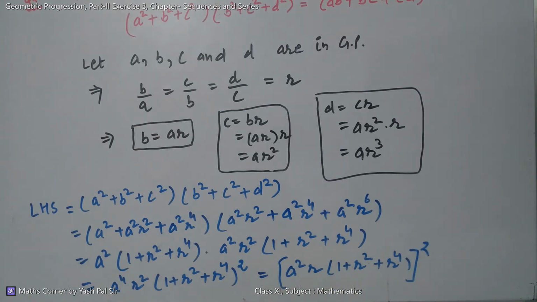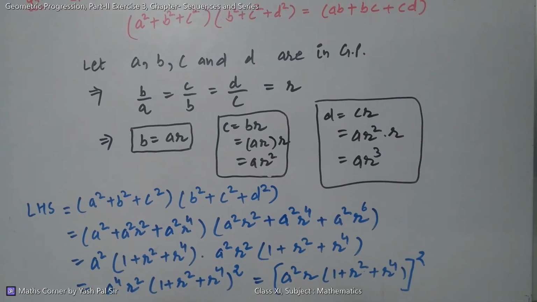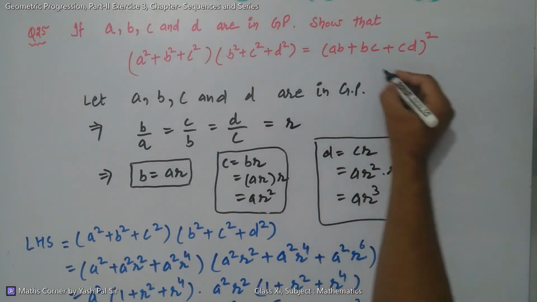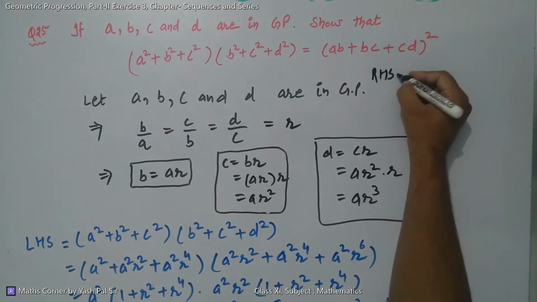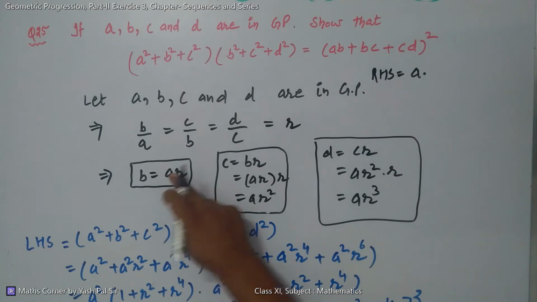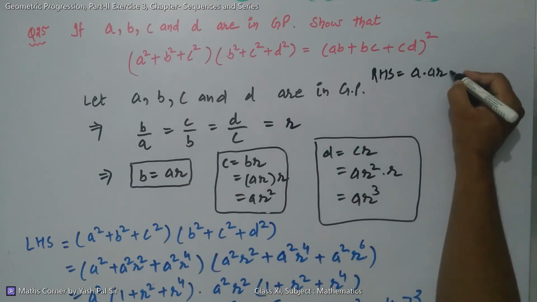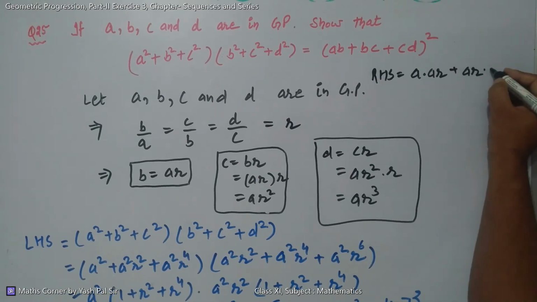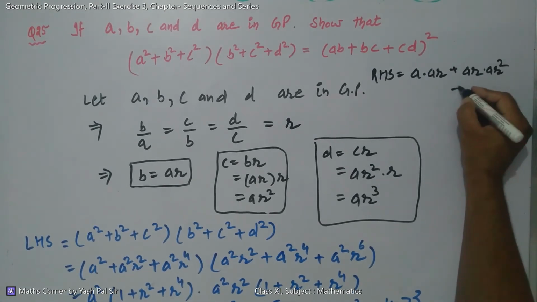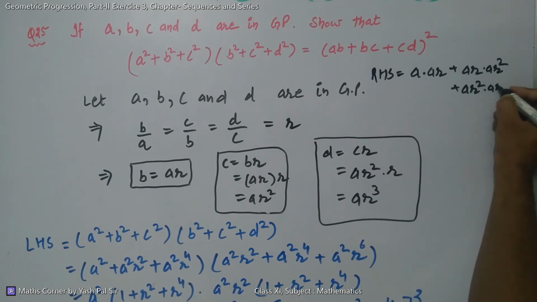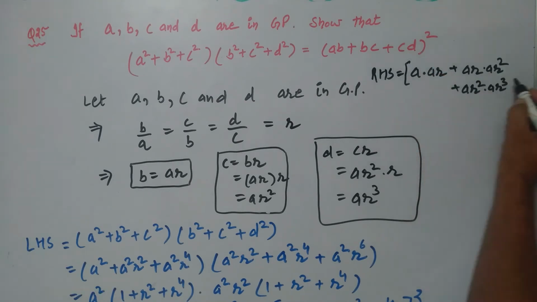Right? Now what is right hand side? Right hand side is AB plus BC plus CD. AB means A into B, which is AR, plus BC, AR into AR square, plus CD, AR square into AR raised to power 3, its whole square.